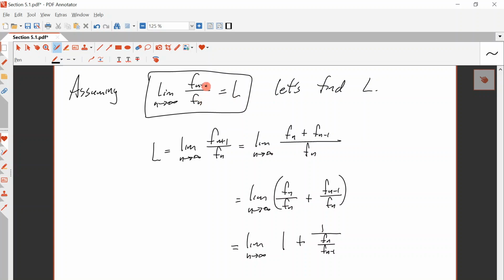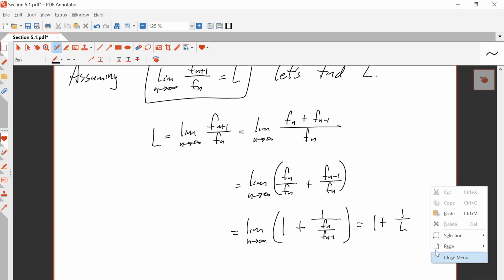This is a Fibonacci over the previous Fibonacci. That's the same expression here. You're not using n plus 1 and n, you're using n and n minus 1, but it doesn't matter. They're two sequential Fibonacci numbers. And since n is going to infinity, if you're off by 1, it doesn't really matter. So this limit as n goes to infinity is L. So this is equal to 1 plus 1 over L.